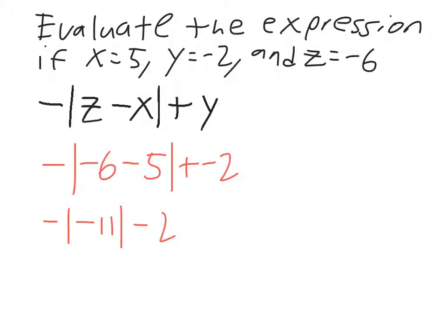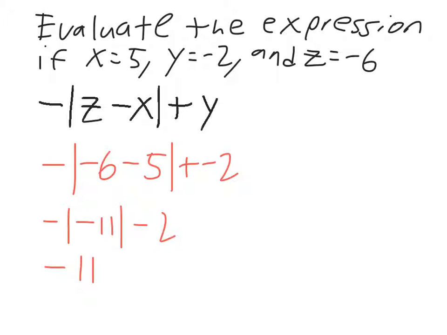So now let's take the absolute value. Notice, though, we still have that negative in front. So that negative still stays there. So let's put it out, the negative. Then we take the absolute value of negative 11. Because right here, absolute value of negative 11 makes a number positive, so it's 11.